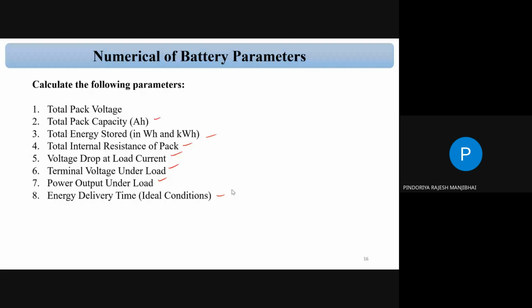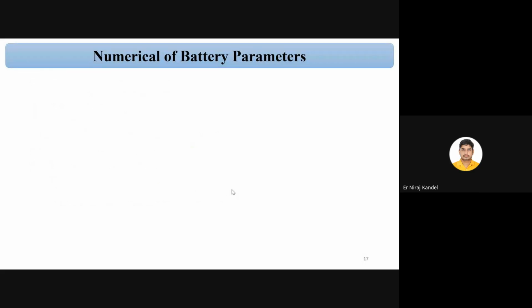Starting from the first part, total peak voltage. How can we calculate the total peak voltage? Any idea? Any student? From the number of series connection of cells. Correct.